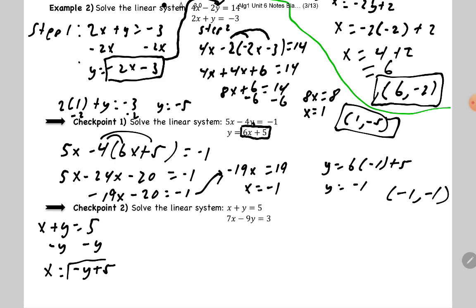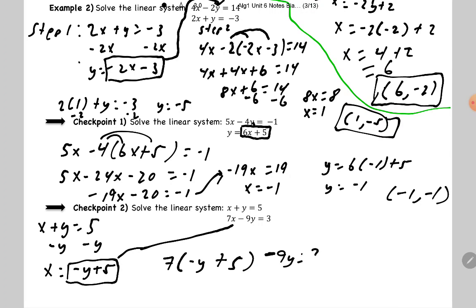Okay, I'm going to plug this into this x here. So 7 times x, which is negative y plus 5, minus 9y equals 3. Distribute. Negative 7y plus 35 minus 9y equals 3.